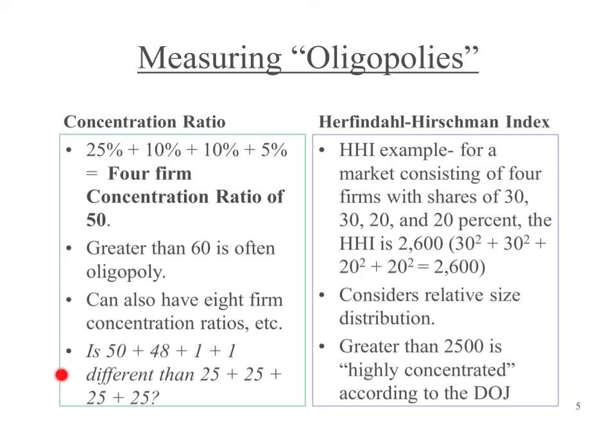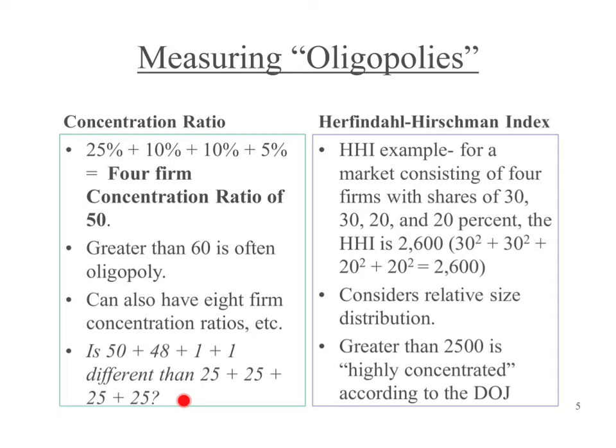What if we had a market of four businesses and one firm had 50% of the market, the second firm had 48% of the market, and then these two firms had like 1% and 1%, right? This would be 100% of the market, but this is kind of weird because the first two firms have most of the market, and these two other firms are quite small.